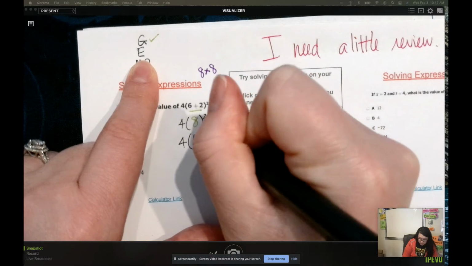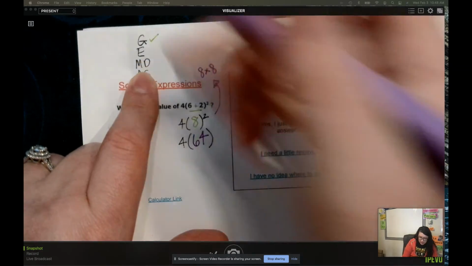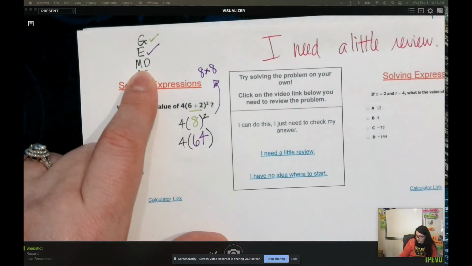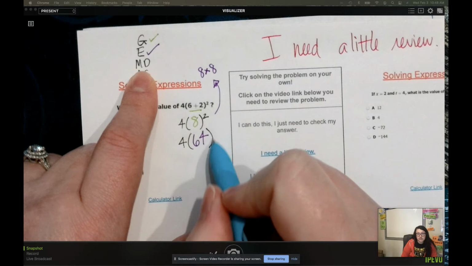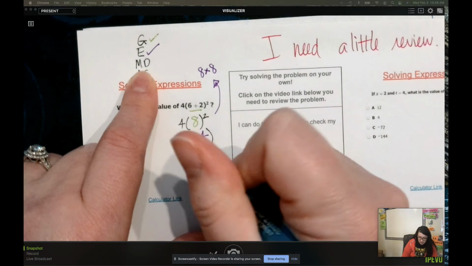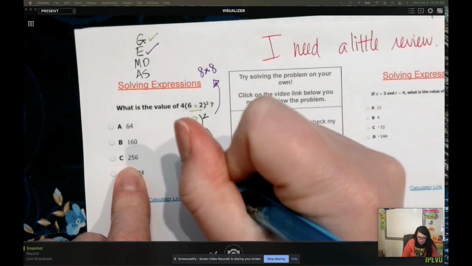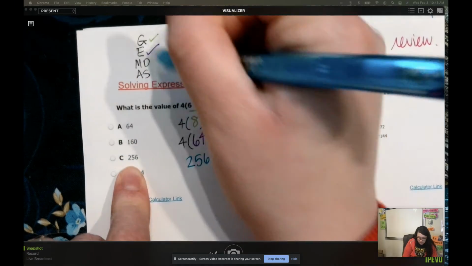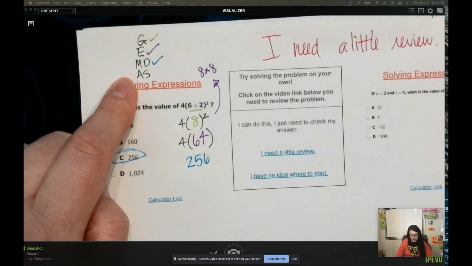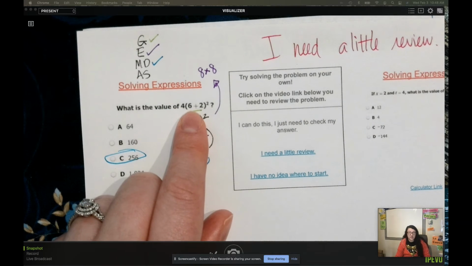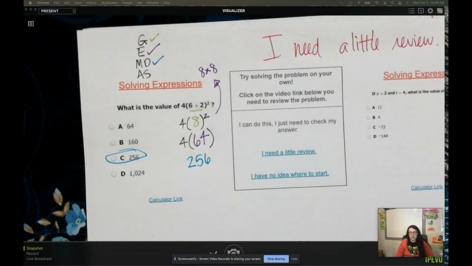And I bring everything else down. I did my exponents. Now I see multiplication because, again, parentheses means to multiply. And 4 times 64 is 256. And there's our answer. For this problem, there's no addition and subtraction except for that stuff in the parentheses, which we did at the beginning.